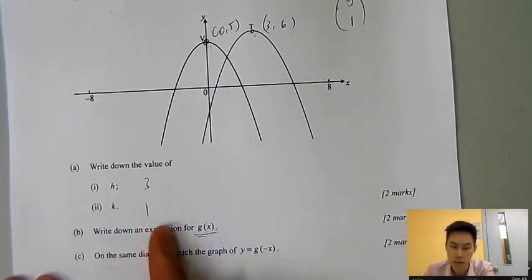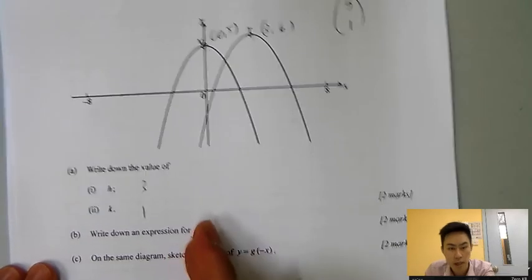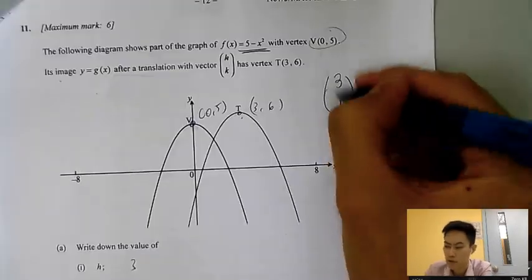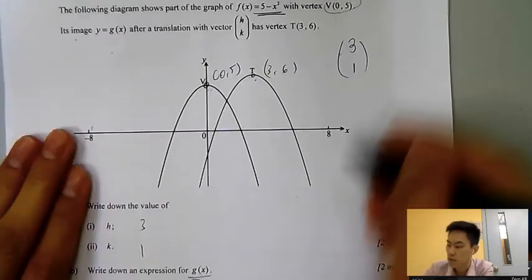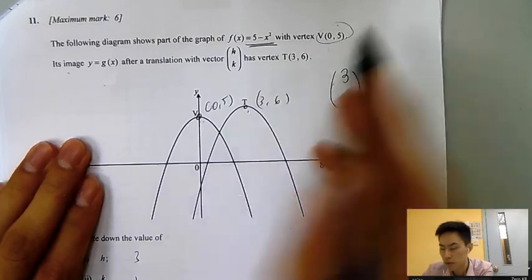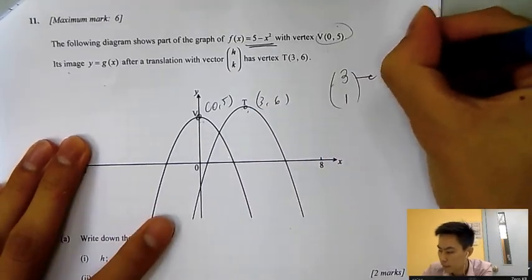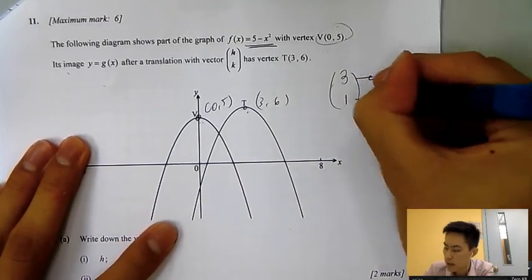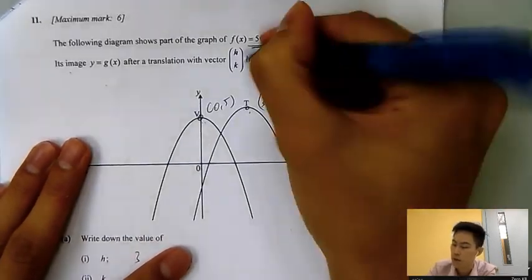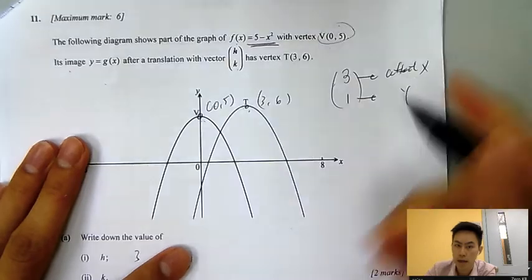Question B asks you to find the expression of g(x). g(x) is the new function after the transformation. As I just mentioned, the whole graph goes right by 3. Inside the bracket affects x, and outside the bracket affects y.